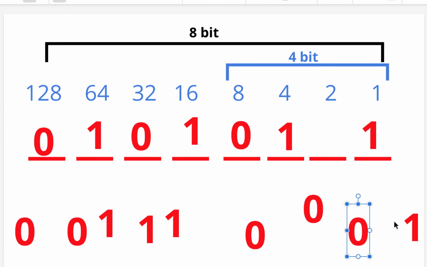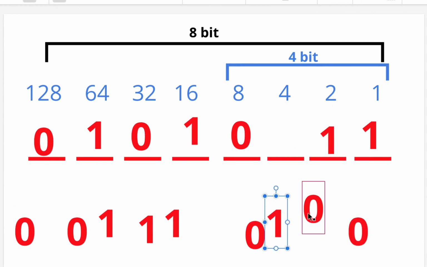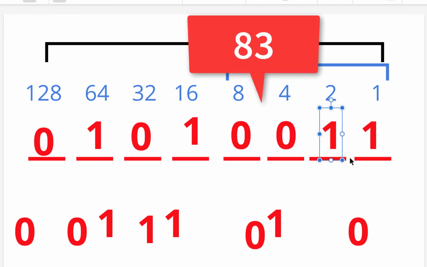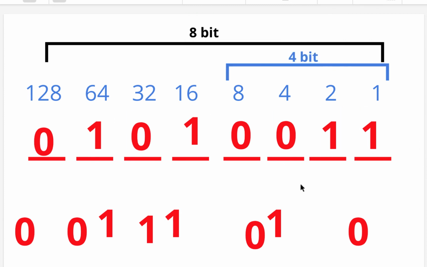Then there would be 3 at the end, the 1 and 1 at the end, which is 3. So 64 and 16, which I believe is 80. So there's 80, and then we add 3. So that's my mom's age there, of 83.